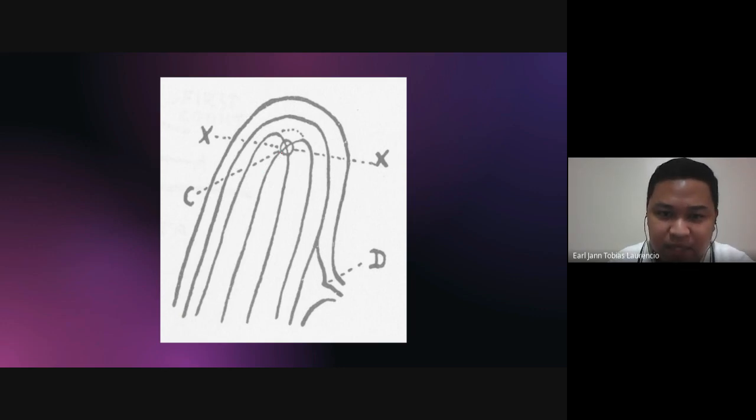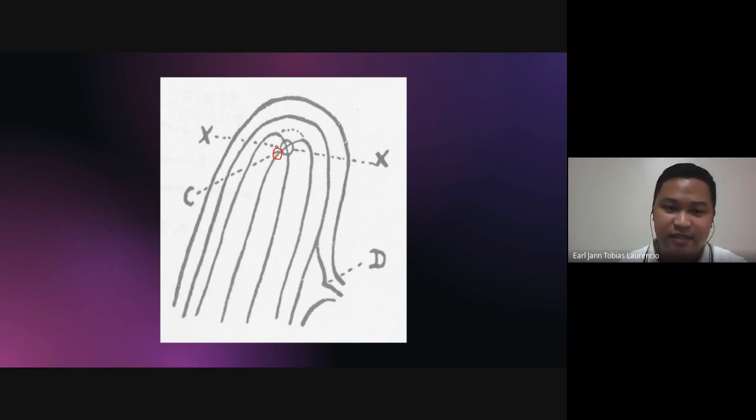So this part of the ridges is considered as the core. Why is it that that part of the pattern was classified as the core of the pattern area?